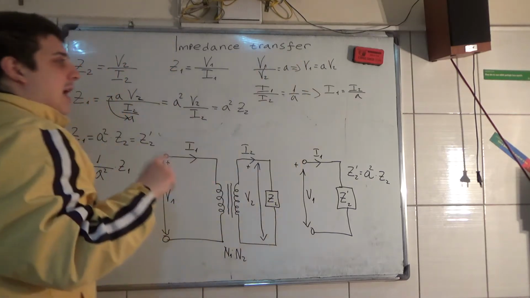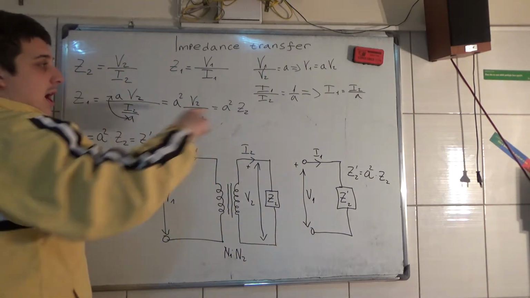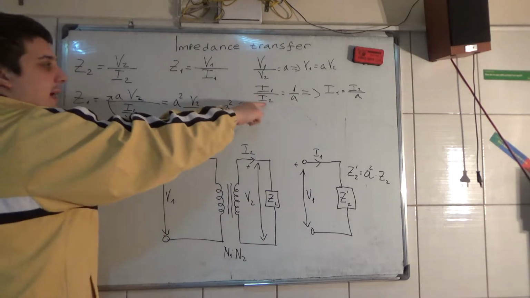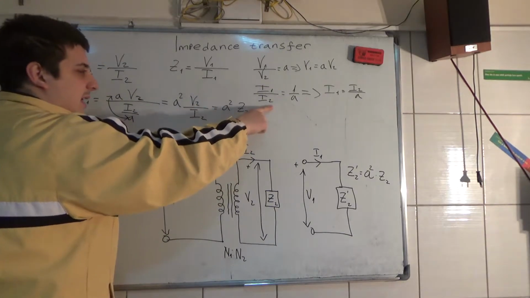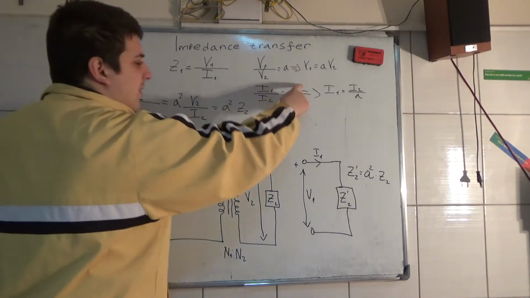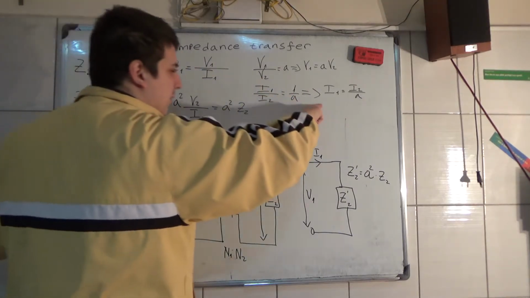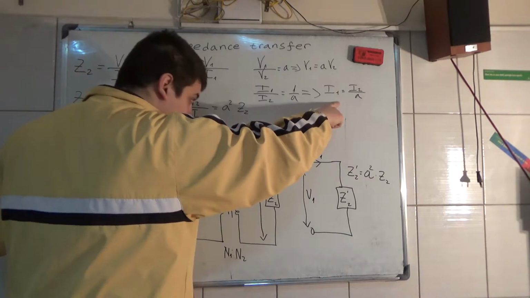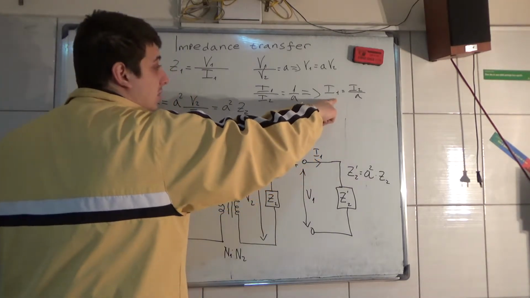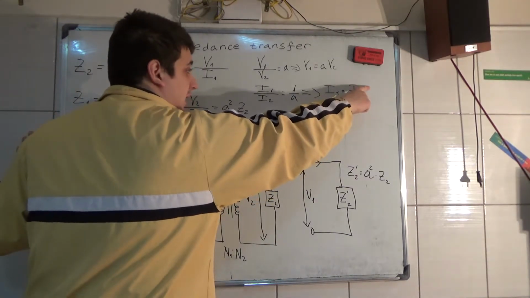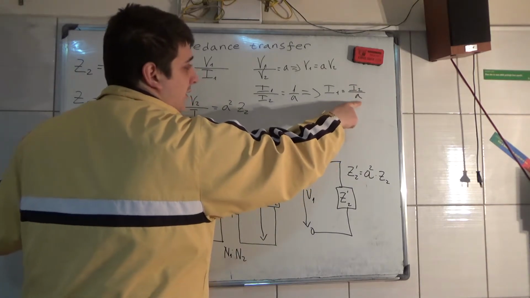And in my previous video I showed you that I1 divided by I2, the primary current divided by the secondary current, is equal to 1 divided by A, and that leads us to this equation, that the primary current is equal to the secondary current divided by the turns ratio.